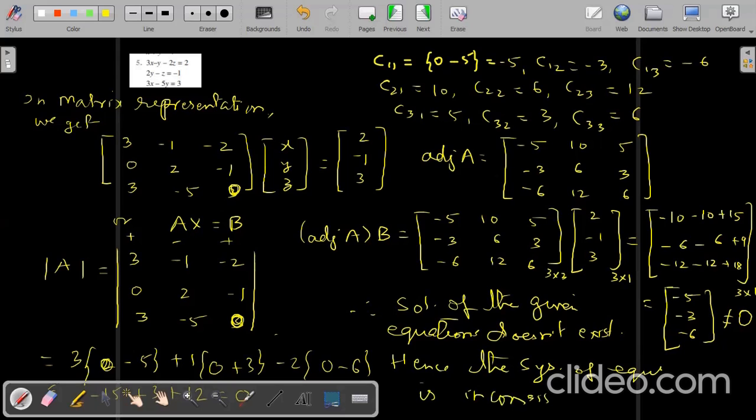So this you have to do when determinant A will be equal to 0.